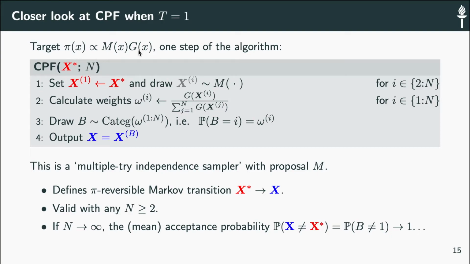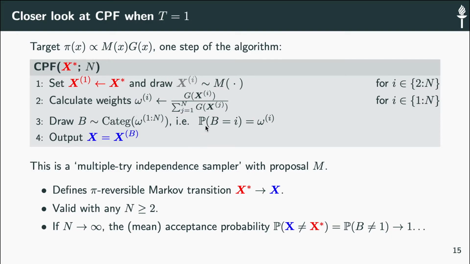What's the algorithm? The reference, red x star, will be particle number 1. The particles 2 to n are drawn independently from m. Then we calculate the weights, which are just the potential value at the point x, normalized so that the weights sum to 1.